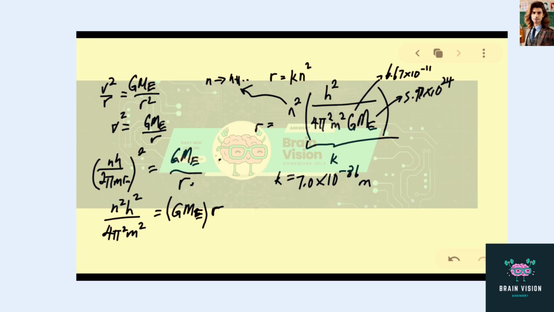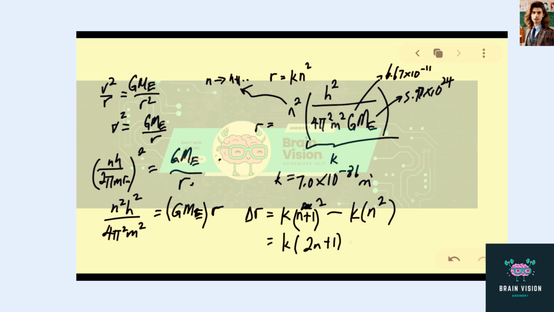We want to find the change in the radii between adjacent orbits. So we take k times n plus 1 squared, minus k times n squared. This just goes to k times 2n plus 1.